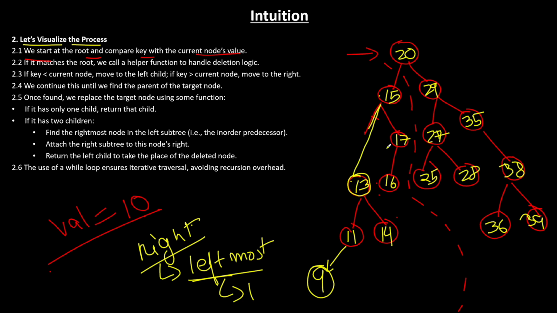Now, if you see, 15's left-hand side comes out to be 13, which is correct. 13's left-hand side is 11, which is correct, and there is 9, that is also correct. Towards the right of 13, there is 14. So there is no violation, and we got the BST correctly after the deletion of the particular node.